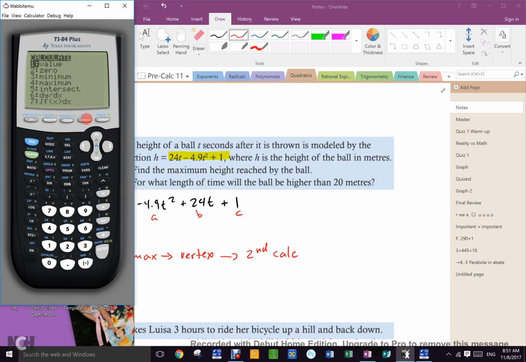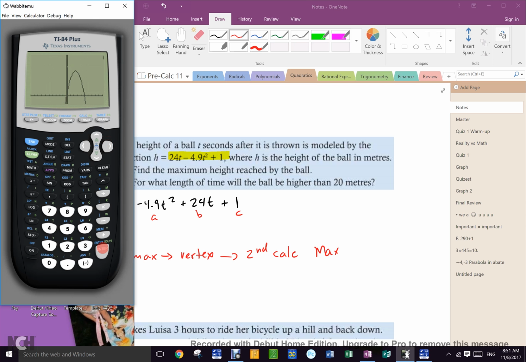Maximum. Second, calc, max. Not that max, this max. And then I use my arrow keys. I'm on the left, enter. I go over the maximum, and I'm on the right, enter.